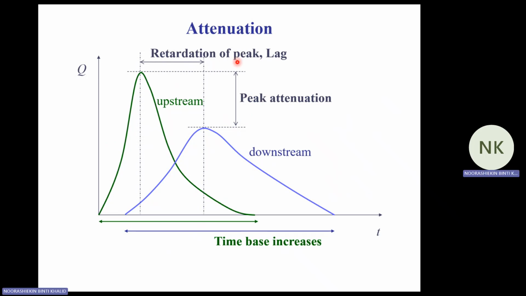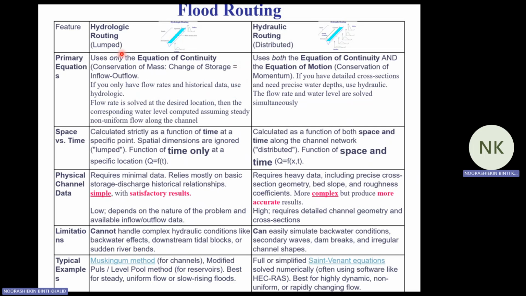This is a summary of hydrologic routing and hydraulic routing. Hydrologic routing is also known as the lumped model. It uses the equation of continuity, and calculations are only a function of time, for a specific location.